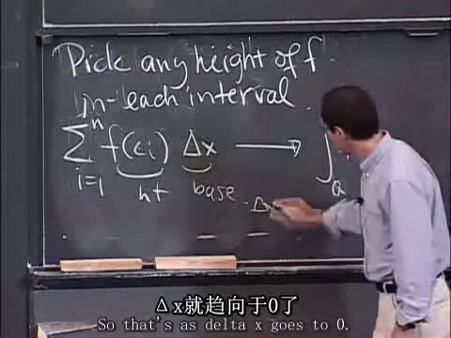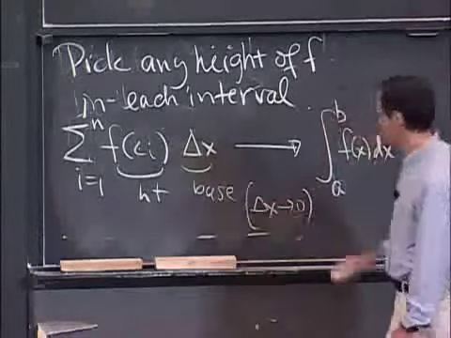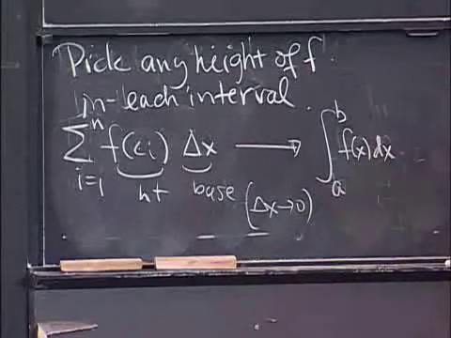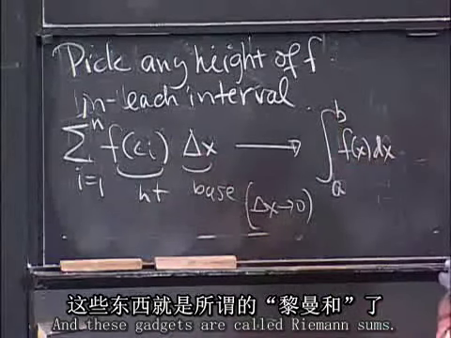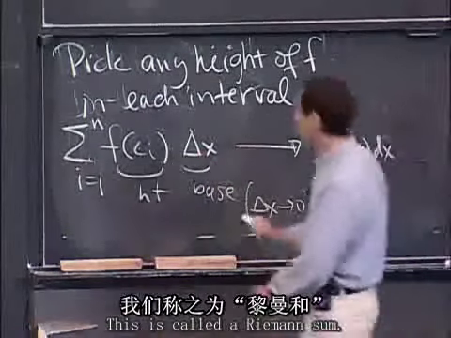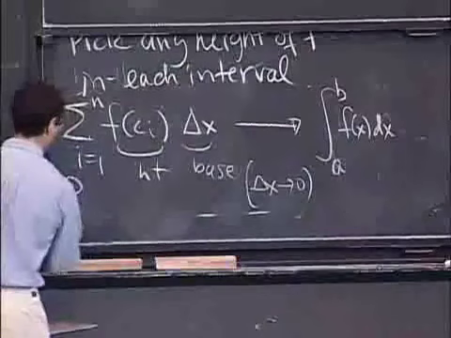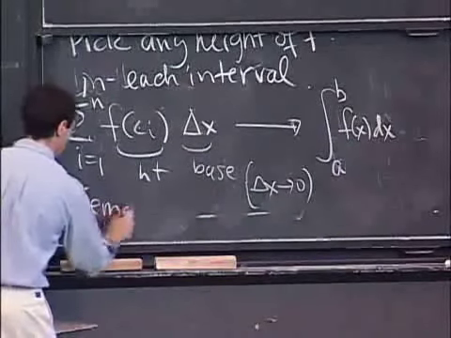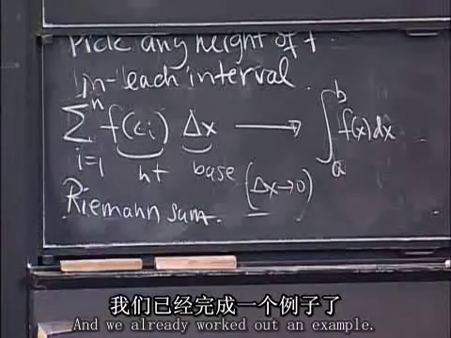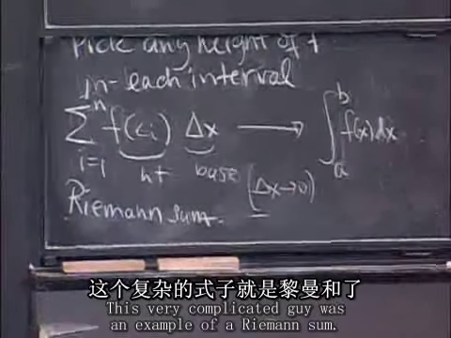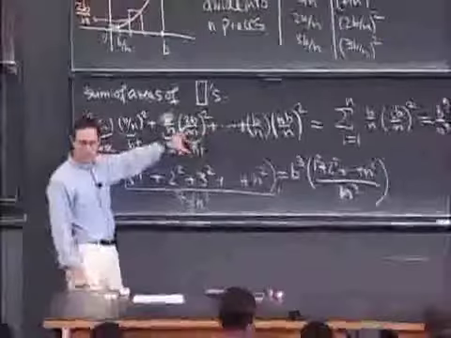So that's as delta x goes to 0. And these gadgets are called Riemann sums. This is called a Riemann sum. And we already worked out an example. This very complicated guy was an example of a Riemann sum.